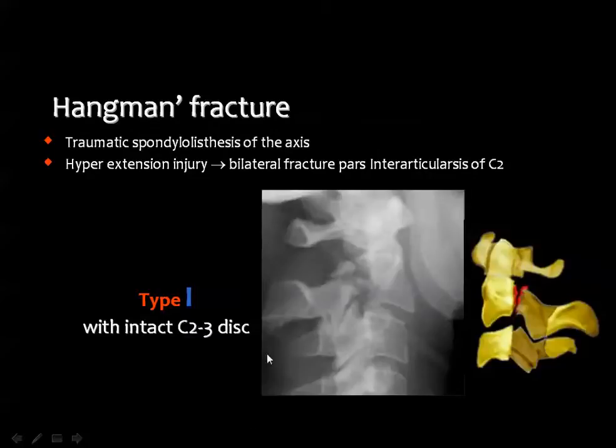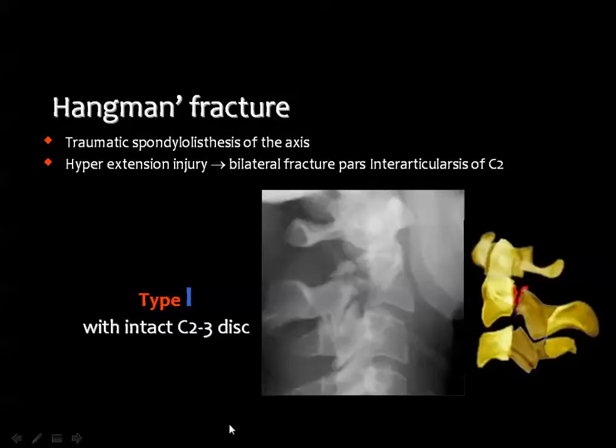Then we come to the hangman fracture, which by definition is a traumatic spondylolysis of the axis, and this will usually result from hyperextension injury leading to bilateral fracture of the pars interarticularis of C2.